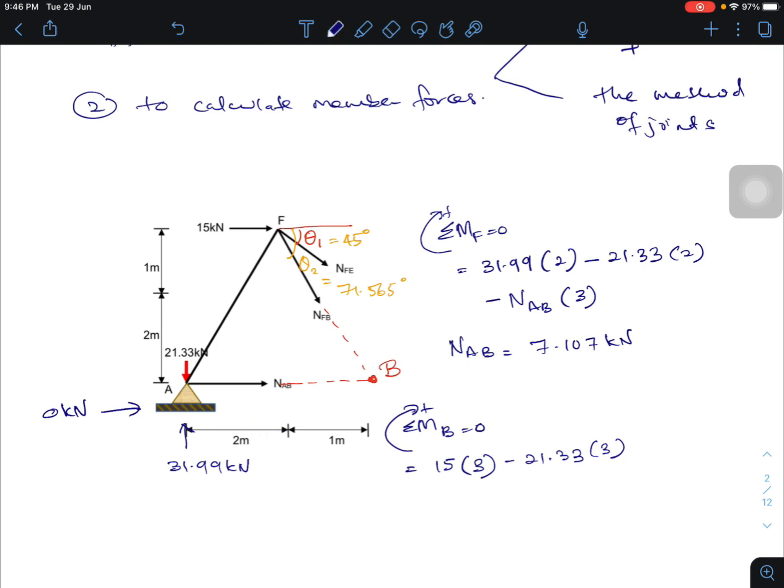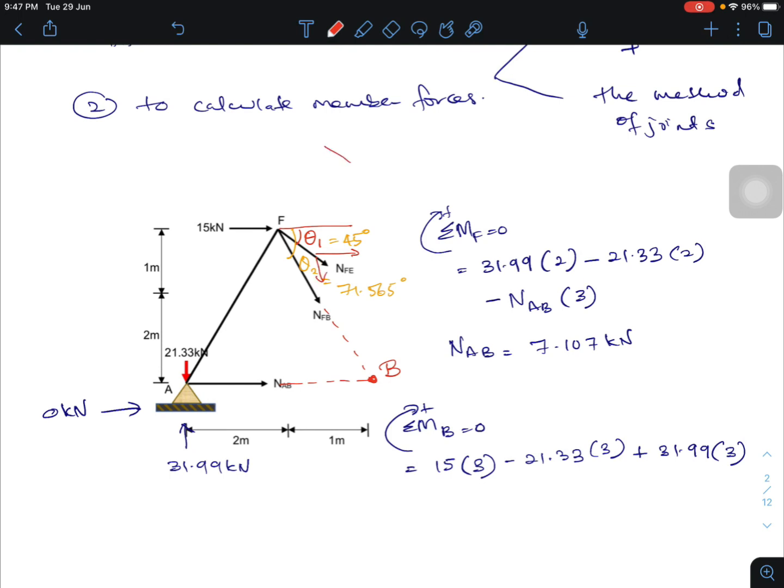And then we have 31.99 kilonewton. This VA will rotate clockwise direction to joint B. So plus 31.99 times horizontal distance from A to B, 3 meter. And for this load, since NFE is an inclined force, we must consider this inclined force as horizontal component and vertical component.